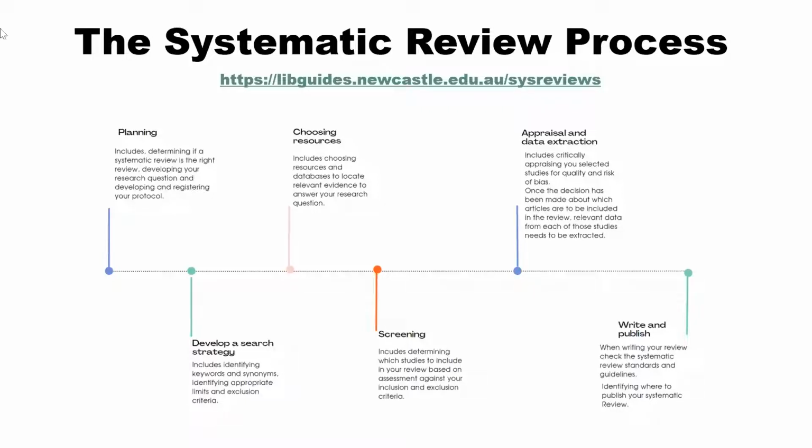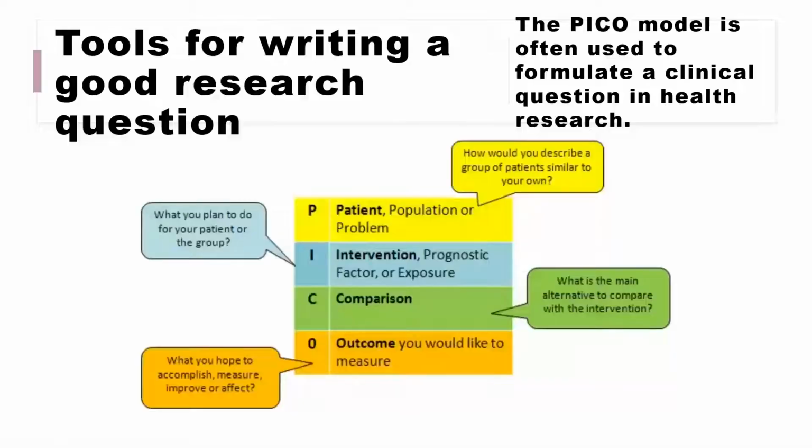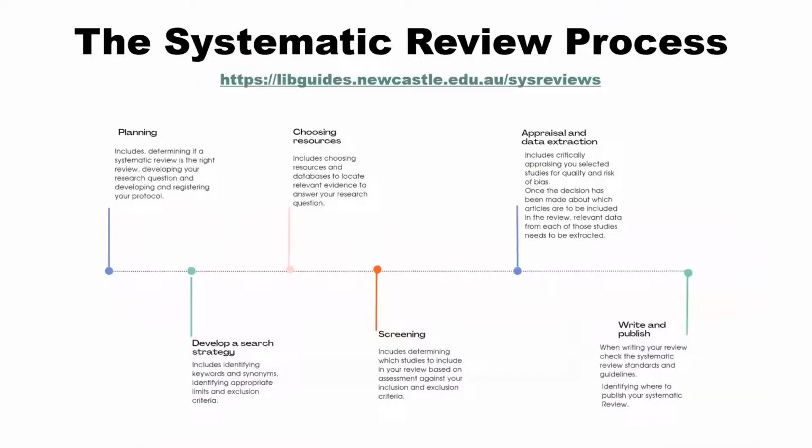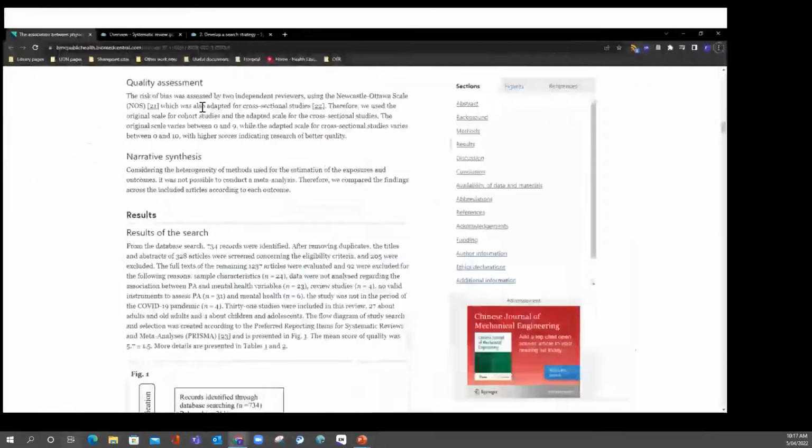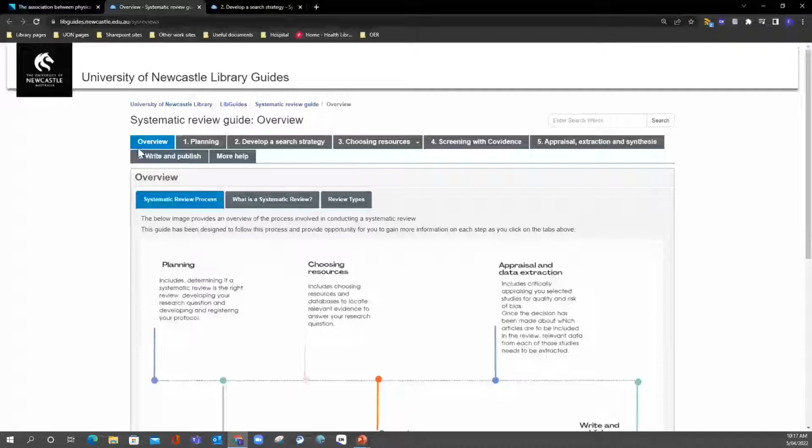So there's a link on this slide to our online systematic reviews guide, which has just been refreshed with a new version which just went live yesterday. So we're just going to have a quick look at that, which is here.